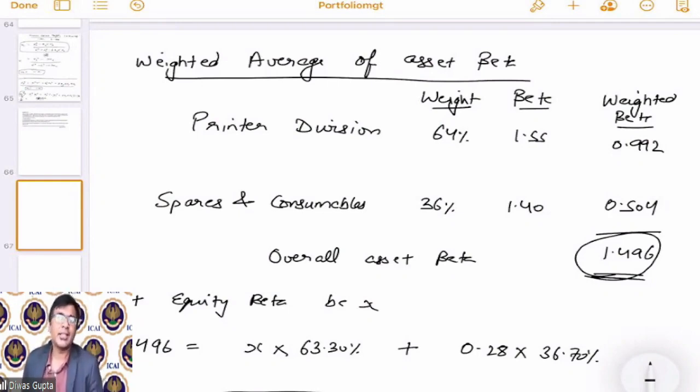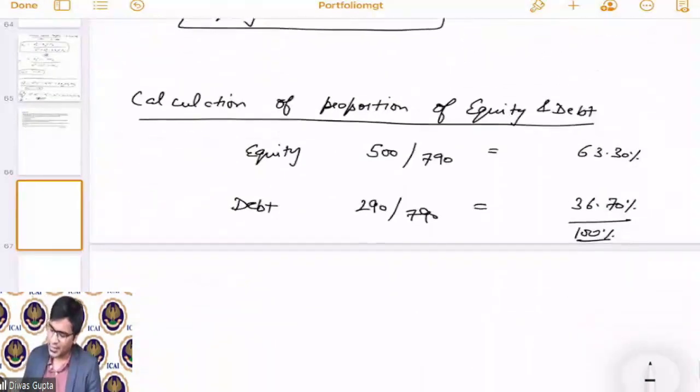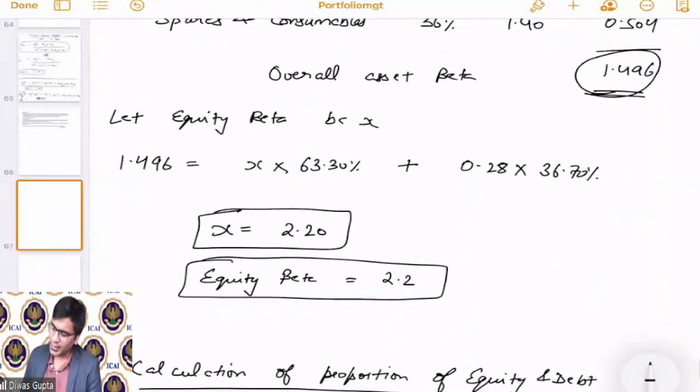Hence there is some element of beta, which is 0.28, on debt. So it's slightly lesser, which means the equity beta should be higher to compensate for the overall investment.